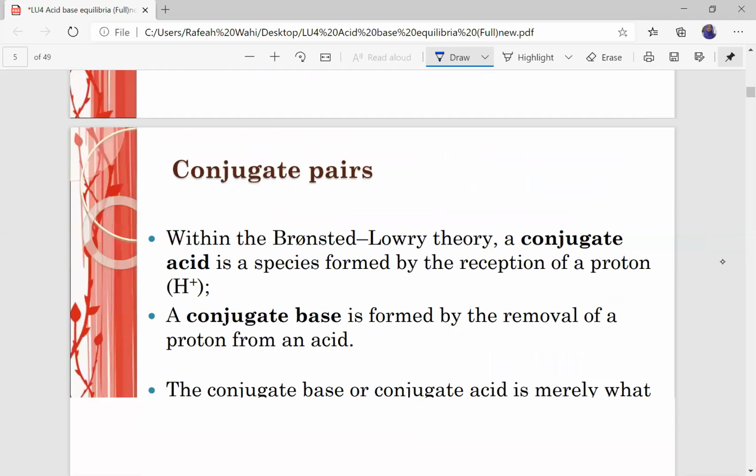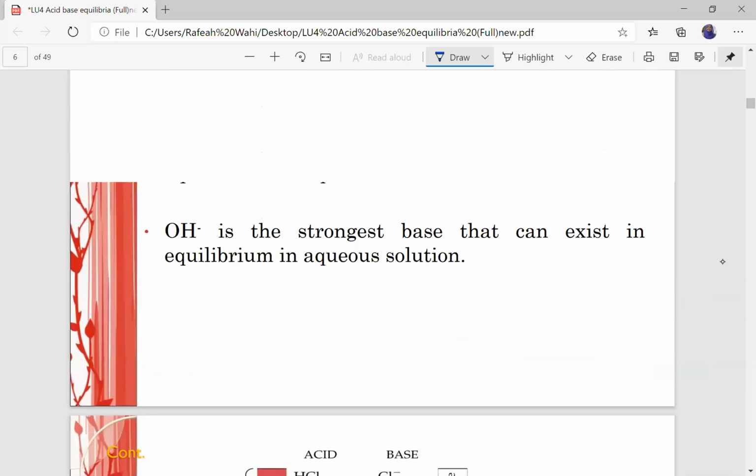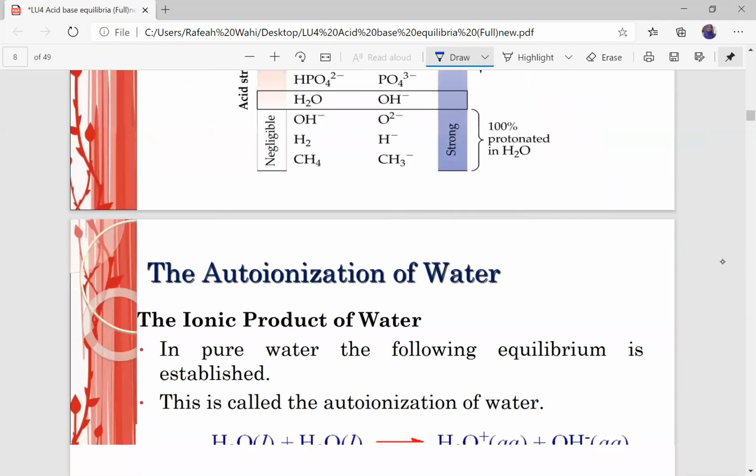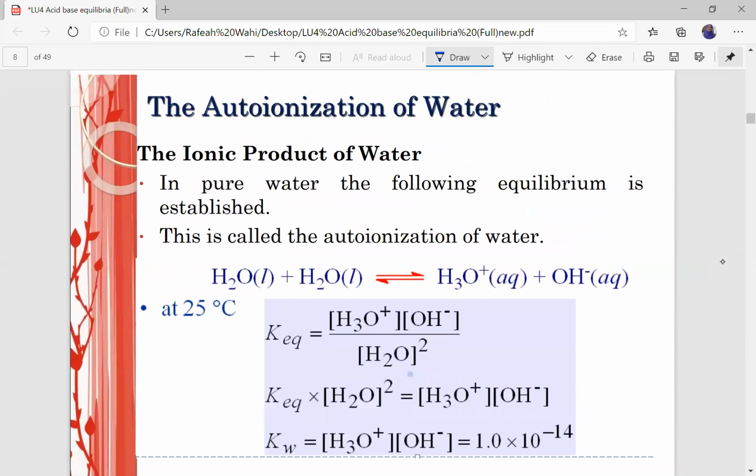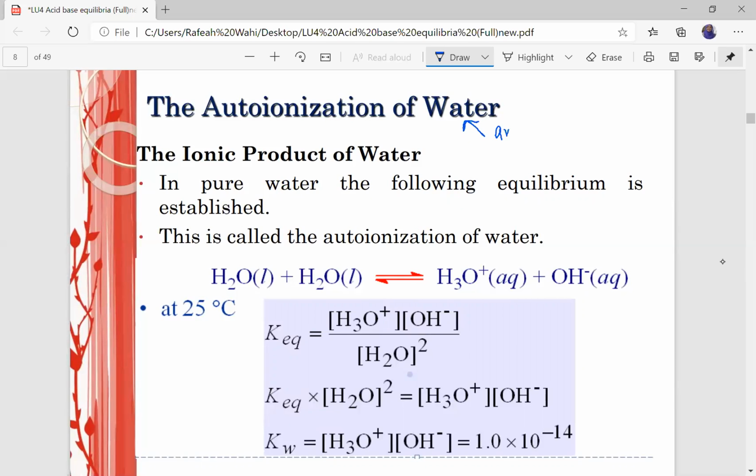Now, if we look more at the auto-ionization of water, this is due to the properties of water, which is an amphoteric substance. So in pure water, we have the following equilibrium.